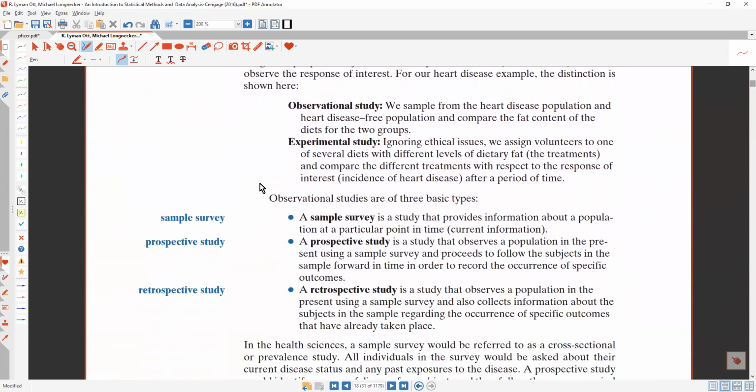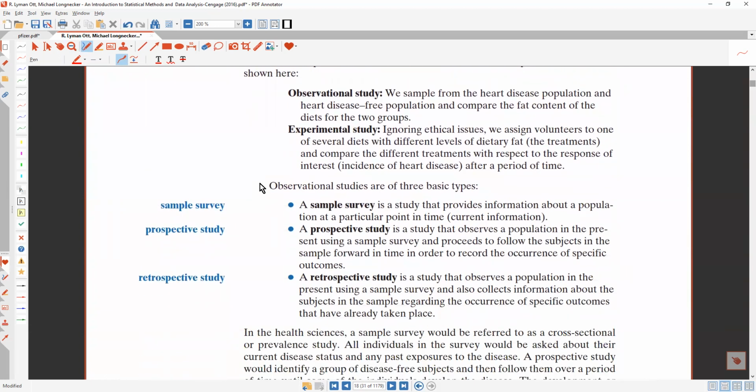Okay, there are different types of observational studies. There's the sample survey. We'll talk a little bit about that. There's a prospective study. This observes a population in the present using a sample survey and proceeds to follow the subjects in the sample forward in time to observe them. That's called a prospective study.